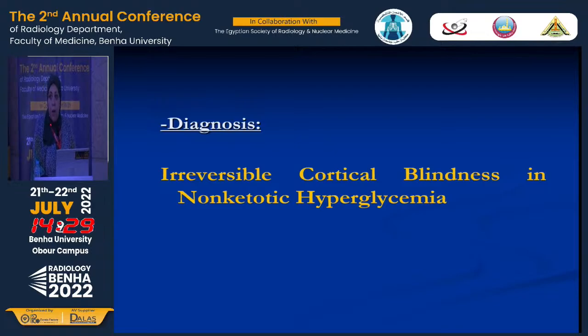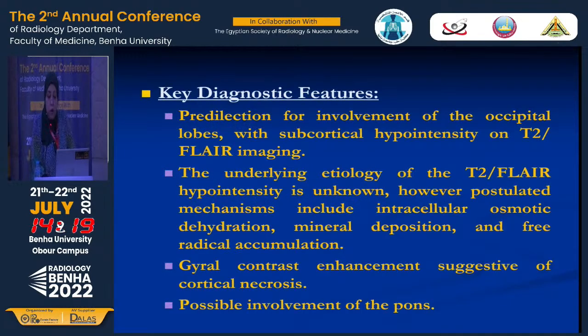So in every diabetic patient with uncontrolled diabetes, there is a high predilection to deposition of minerals in the occipital lobe, or even osmotic dehydration, with characteristic T2 and FLAIR low signal intensity. So you have to pick up any signal alteration in the occipital lobes.